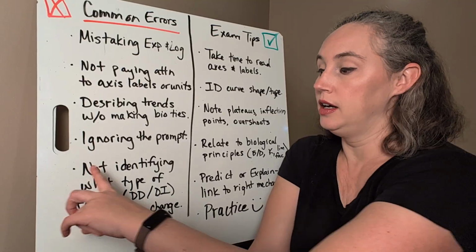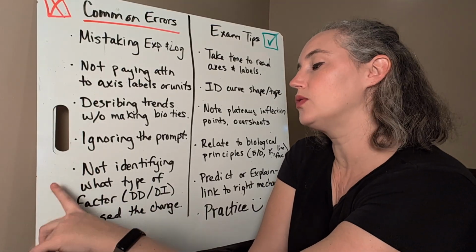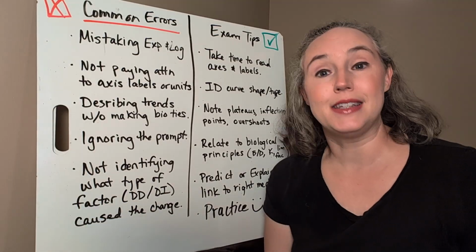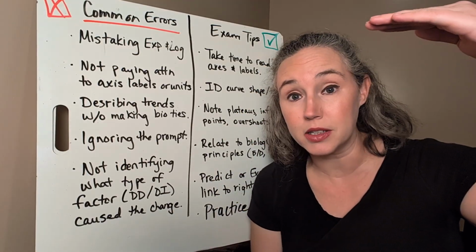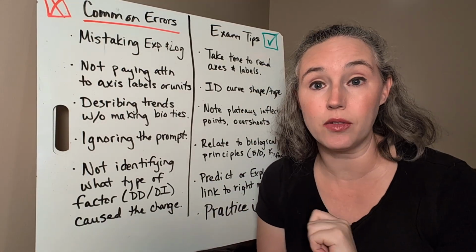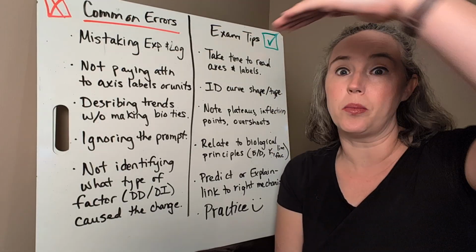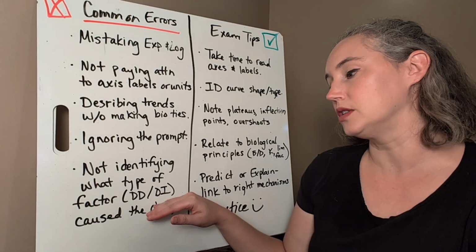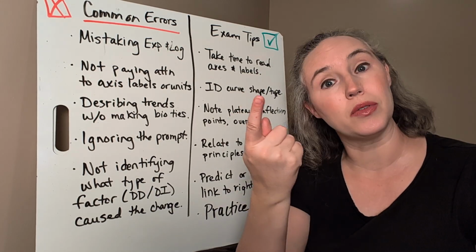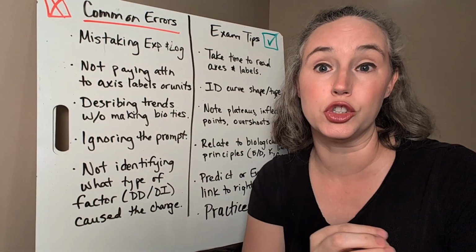And then finally, a common mistake is not identifying what type of factor: density dependent, which will cause a leveling off at carrying capacity, or density independent factor, which would cause a big dip in a population. What kind of factor or a specific example of that factor could have caused the change you're seeing in the graph?